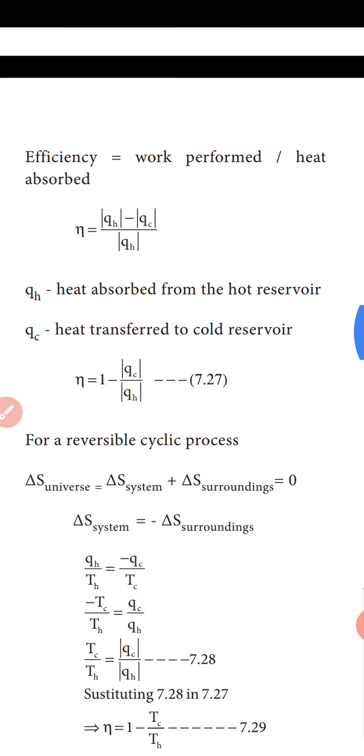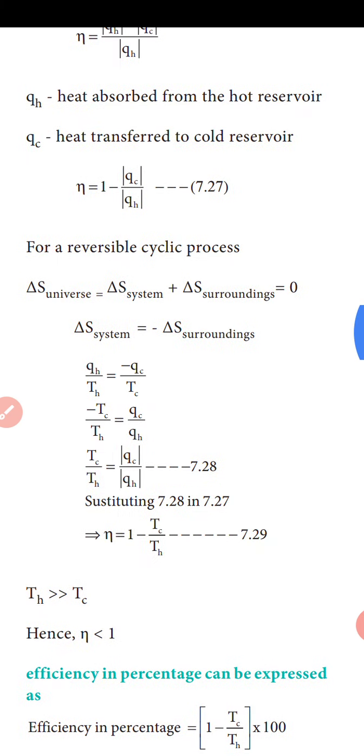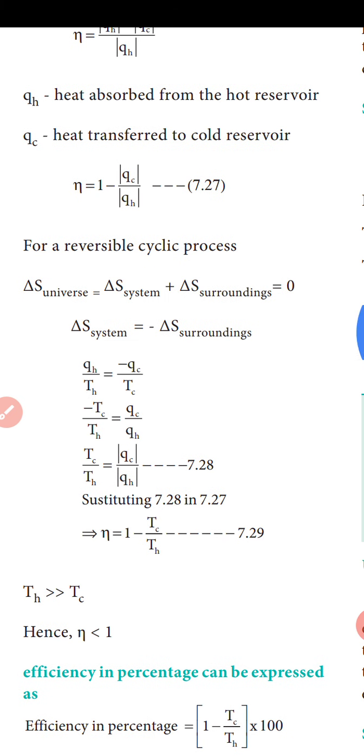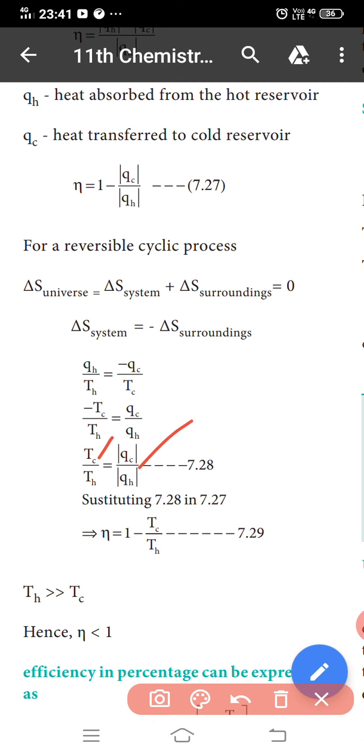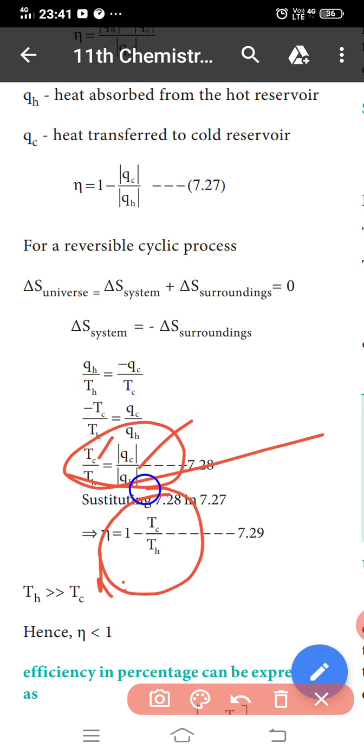For a reversible cyclic process, QH divided by TH is equal to minus QC by TC. So QC by QH is equal to minus TC by TH. Substituting this formula, η is equal to 1 minus TC by TH.